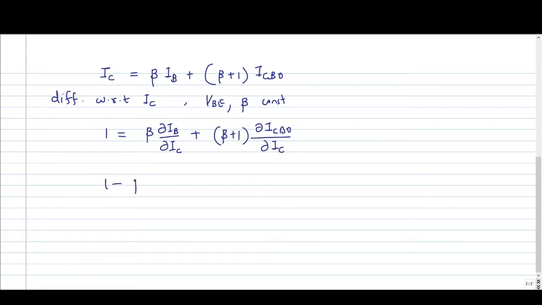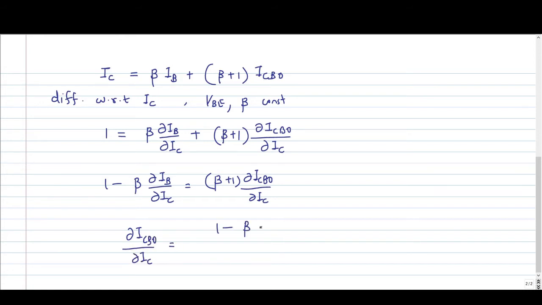So 1 minus beta into dou IB by dou IC is equal to beta plus 1 into dou ICBO by dou IC. So dou ICBO by dou IC is 1 minus beta into dou IB by dou IC, divided by beta plus 1.